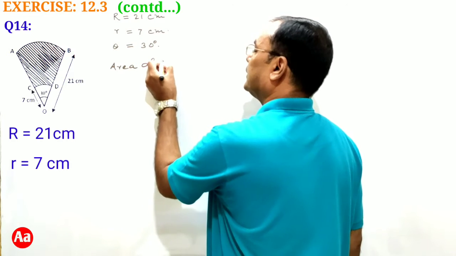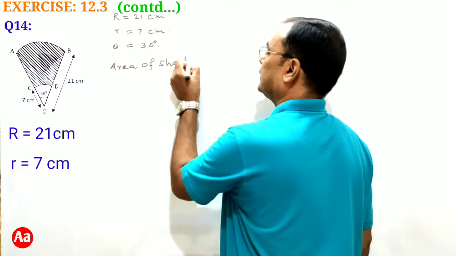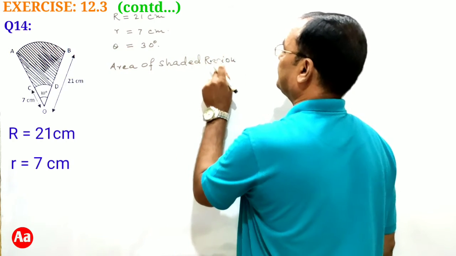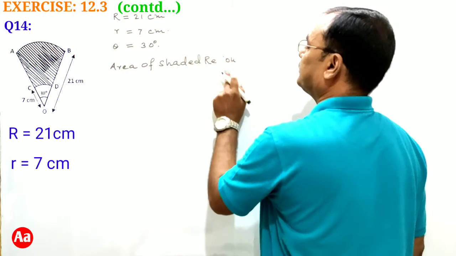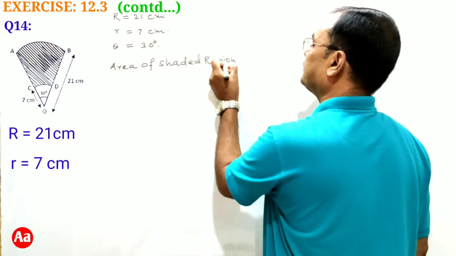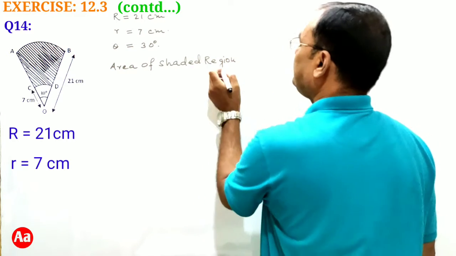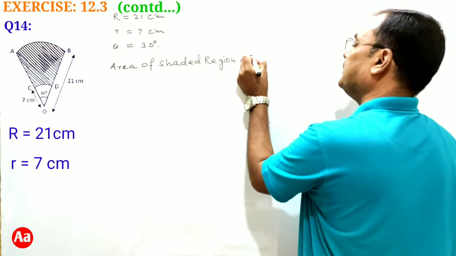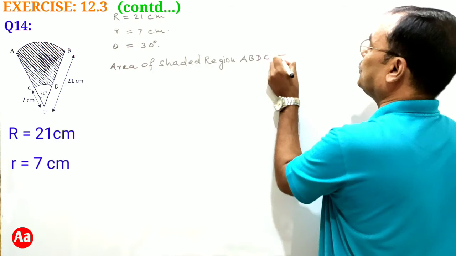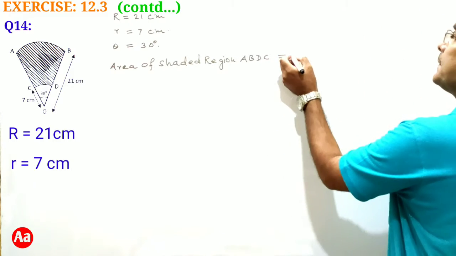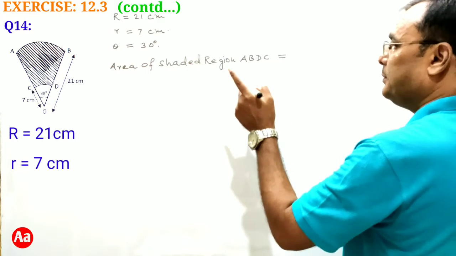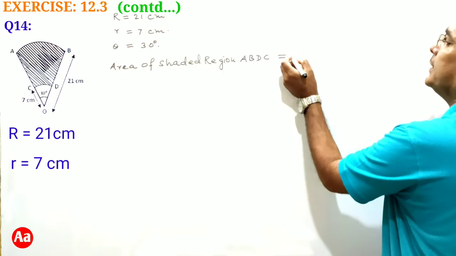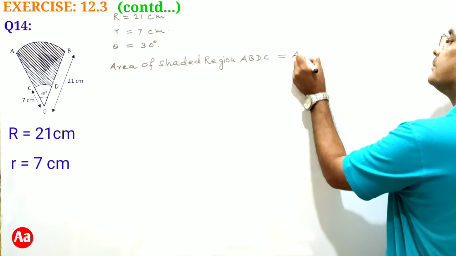Area of shaded region ABDC equal to area of sector OAB minus area of sector OCD.